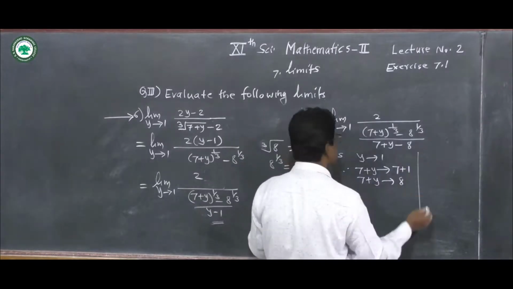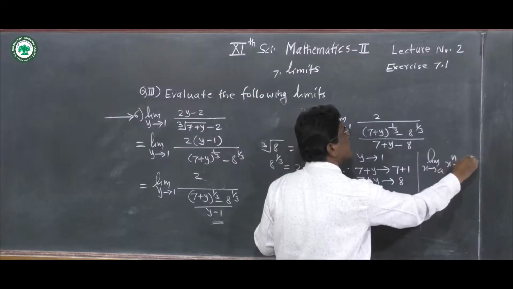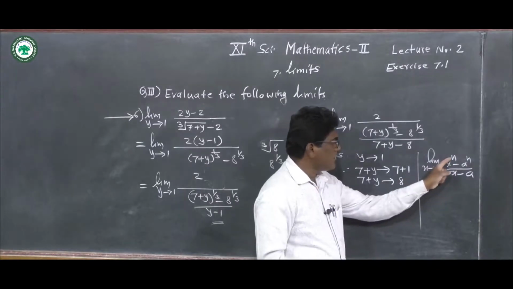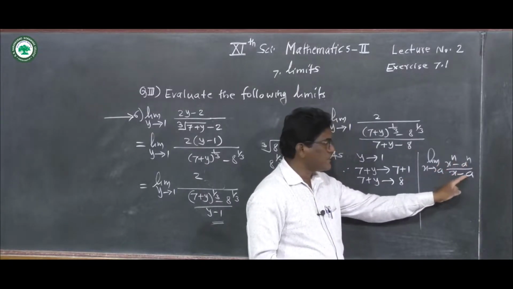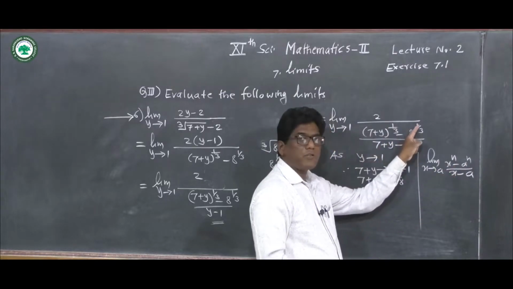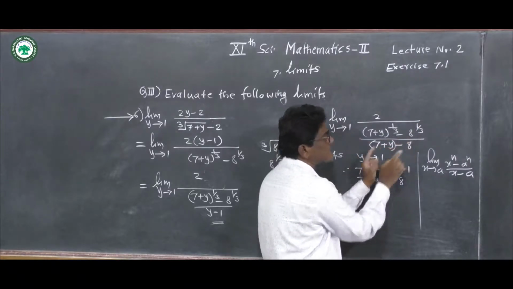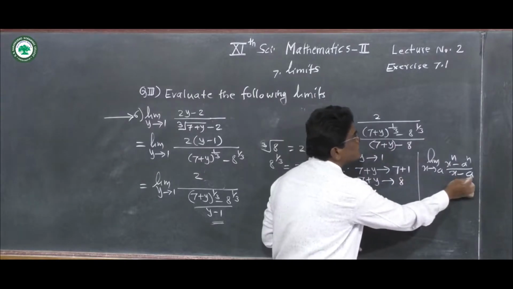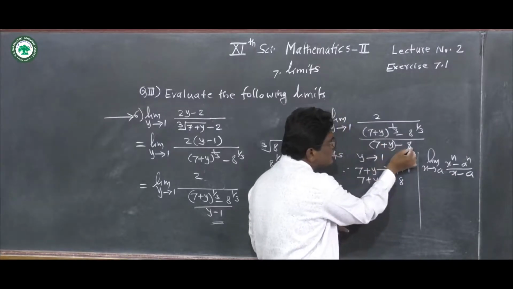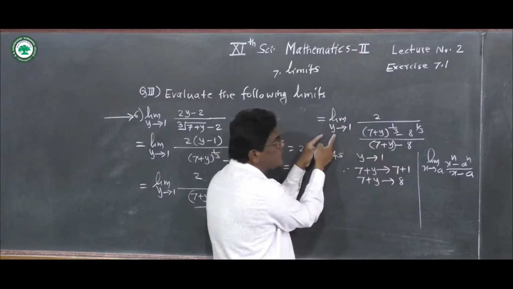If we consider the formula, limit as x tends to a, x to the power n minus a to the power n upon x minus a, here 7 plus y to the power 1 by 3 minus 8 to the power 1 by 3 divided by 7 plus y minus 8, this x and this a are the same, and x tends to a means 7 plus y tends to 8 should be here.